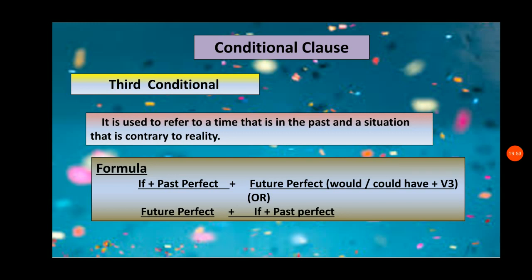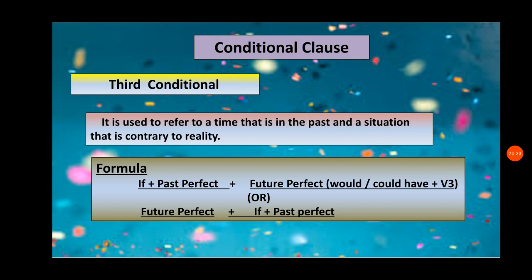This type is used to refer to a time that is in the past and a situation that is contrary to reality. The facts they are based on are the opposite of what is expressed. This type is used to refer to an unreal past condition and its probable past result.